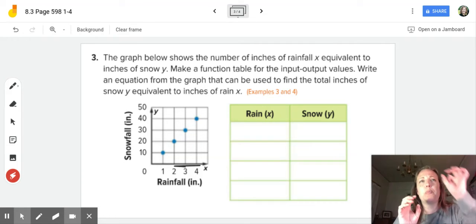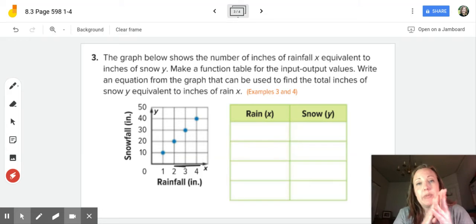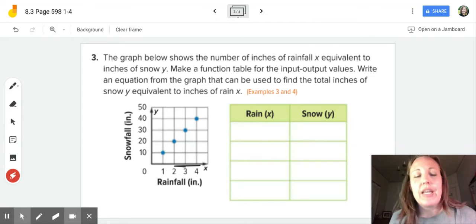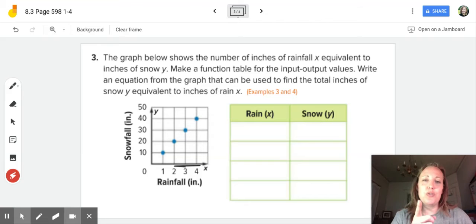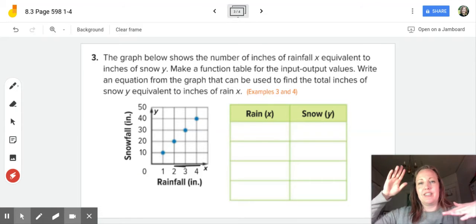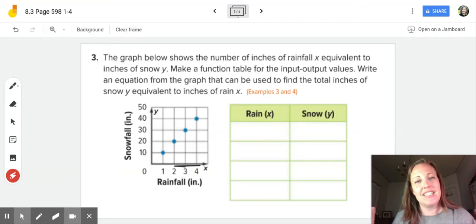Well, I guess per flake, they're more dense because they're frozen, but it's fluffy, so it crystallizes. I don't know. Anyway, but if that were true, every time we got an inch of rain, it would be like a foot of snow, like if it were truly equal. I just think that sounds silly to me.